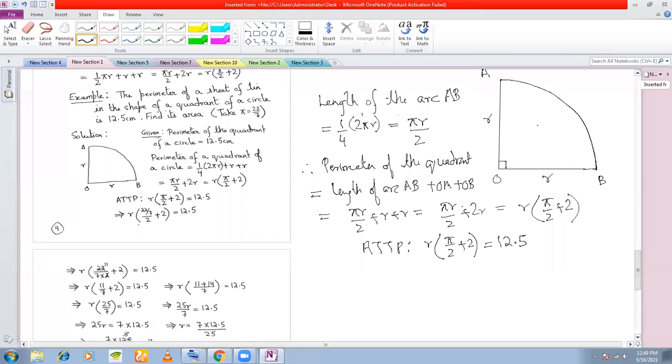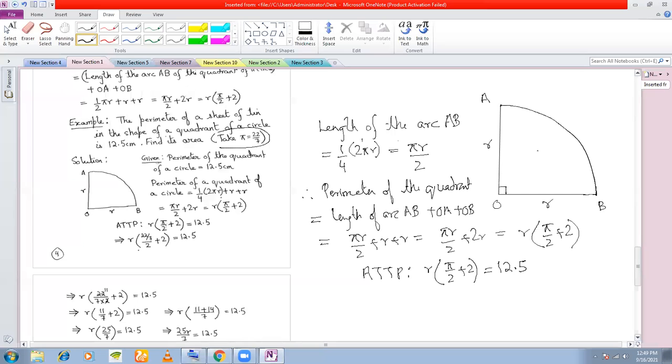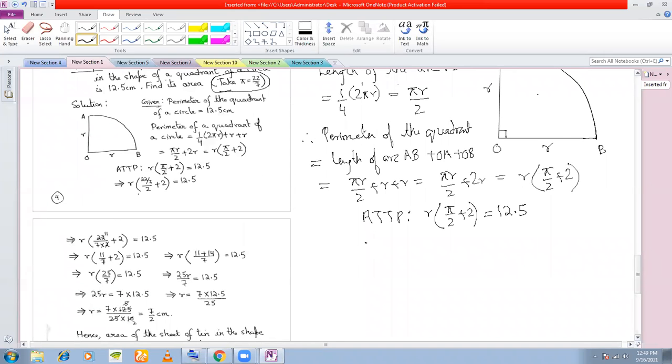From here, we can find out r. If you see, they have asked you to take pi is equal to 22 by 7. So we'll take pi is equal to 22 by 7. r into 22 by 7 divided by 2 plus 2 is equal to 12.5.